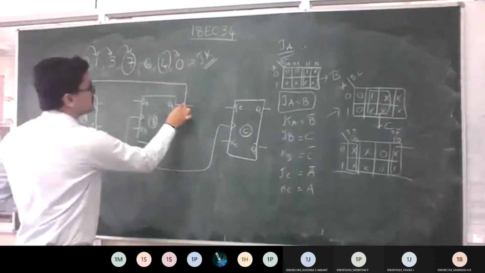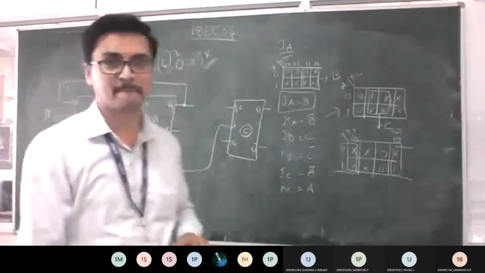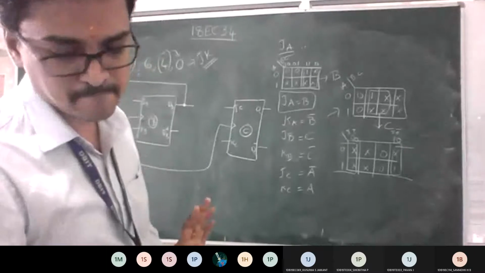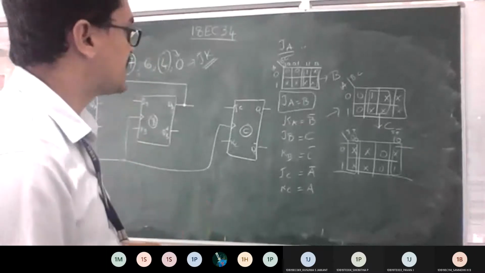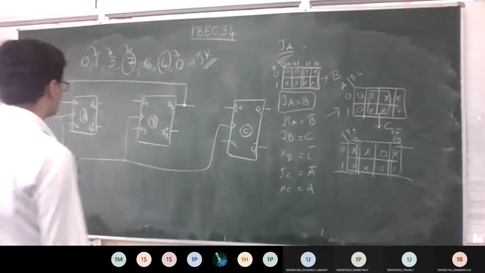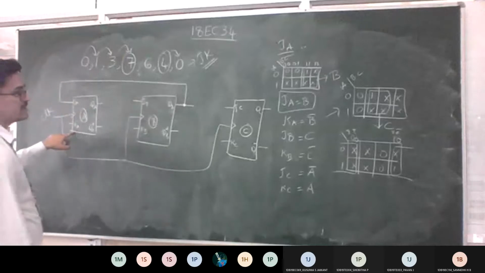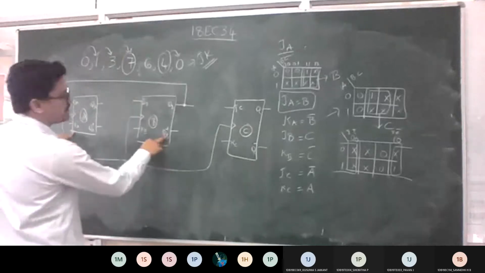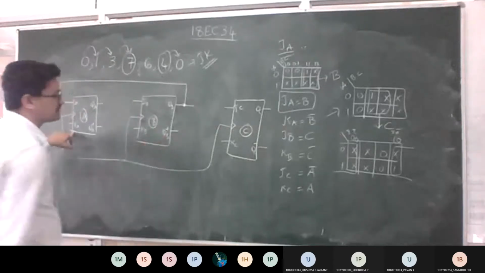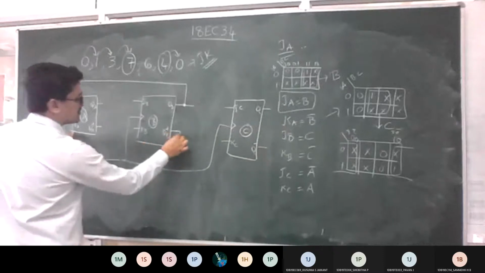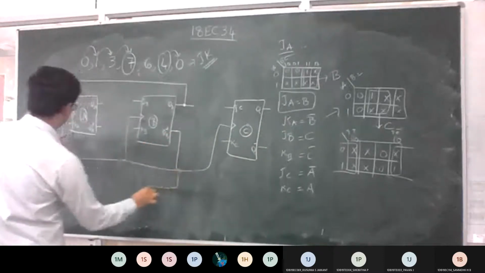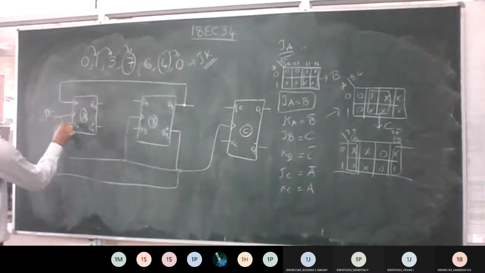Is it fine? Yes, sir. Good. Next. KA implies B bar. So KA means this one that implies B bar. So B bar is this. So connect this to your KA.